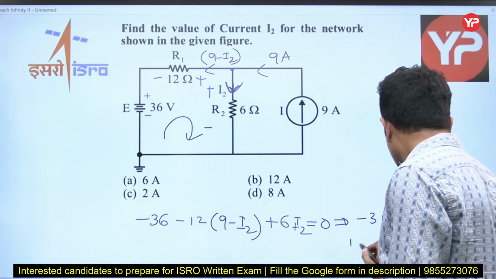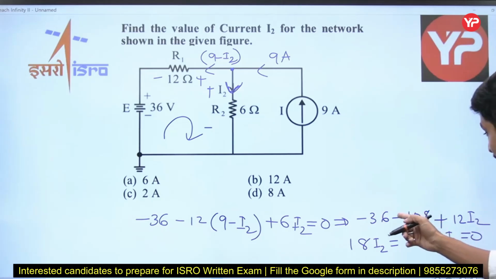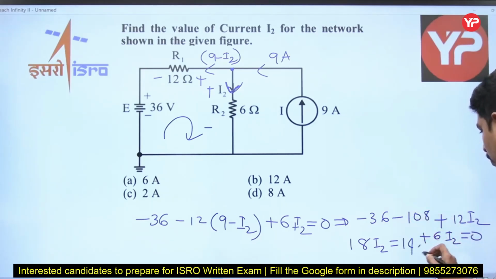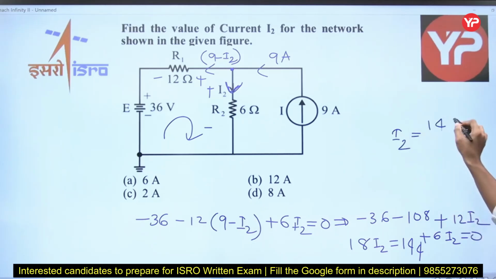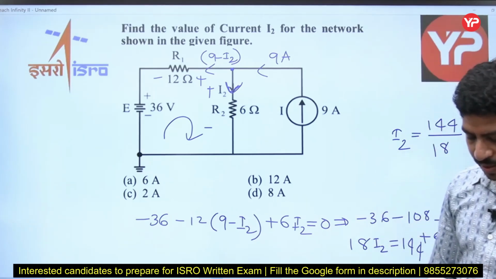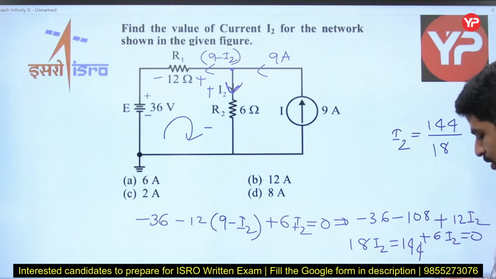From this, 18I2 is equal to 108 plus 36, that is 144. So I2 is equal to 144 divided by 18. Let me calculate this. Yes, it is 8 amperes.